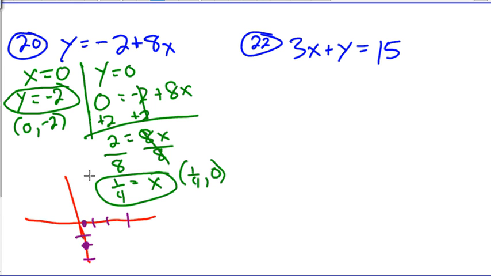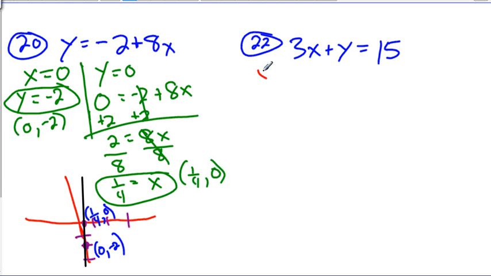And so now we're going to connect those 2 points. Label the points because they do ask us to label. So this is 1/4, 0, and down here is 0, -2. And we're done.